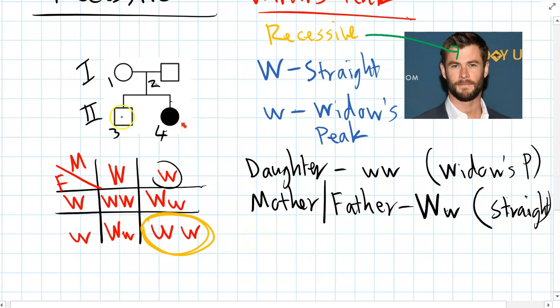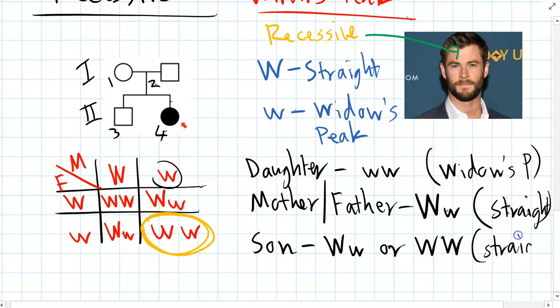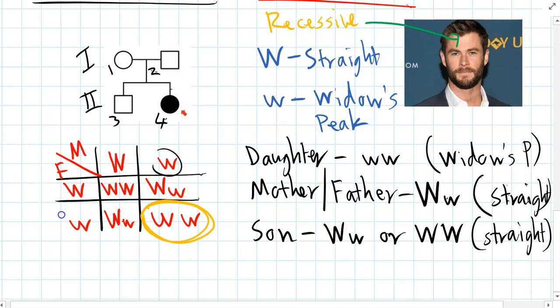And the son, similar to last time, he could be homozygous or he could be heterozygous. All we know is that he has straight hair, a straight hairline. So he could have big W, small w, or two big W's. But he definitely has a straight hairline.